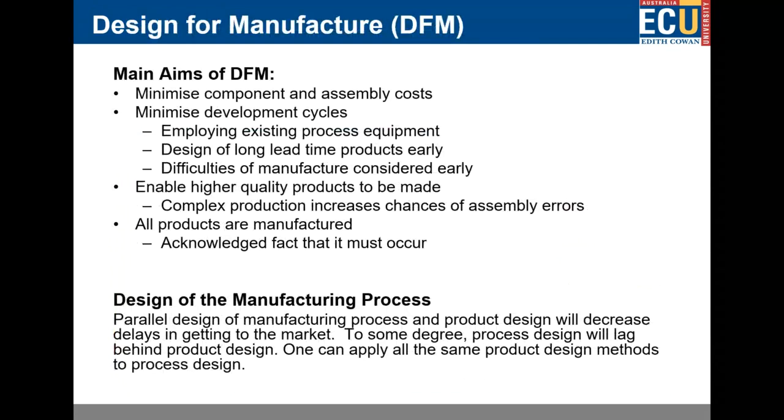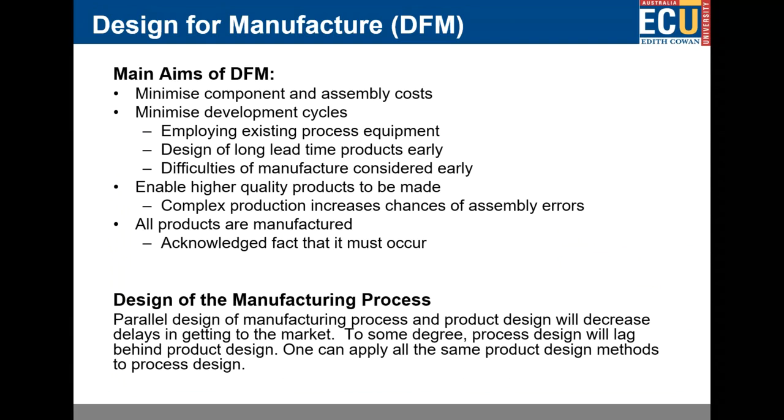Design for manufacture. With the generation of ideas and settling on a concept, it's important to think about design for manufacture. You may generate further design iterations in order to improve your design for manufacture. So although you've got a solution, you may tweak that solution, do some more iterations to improve its manufacturability.